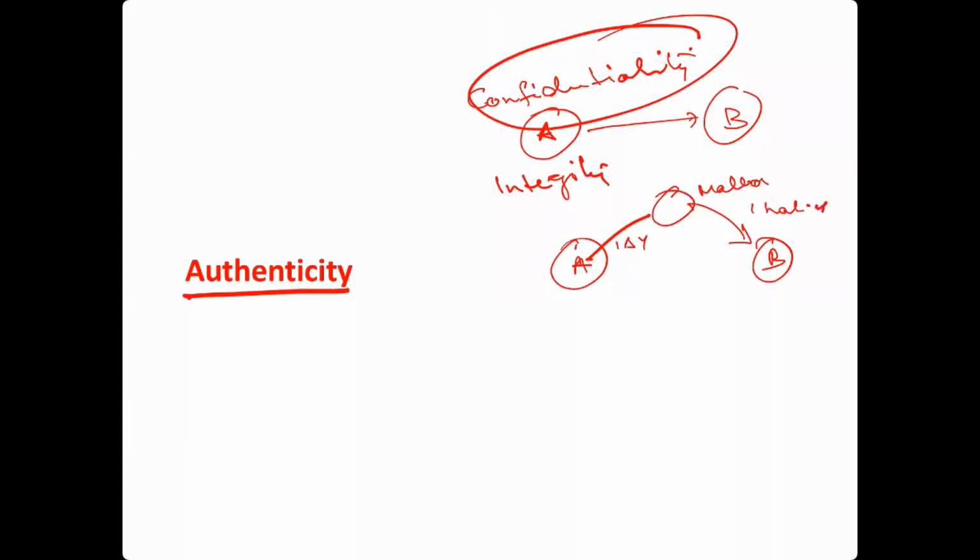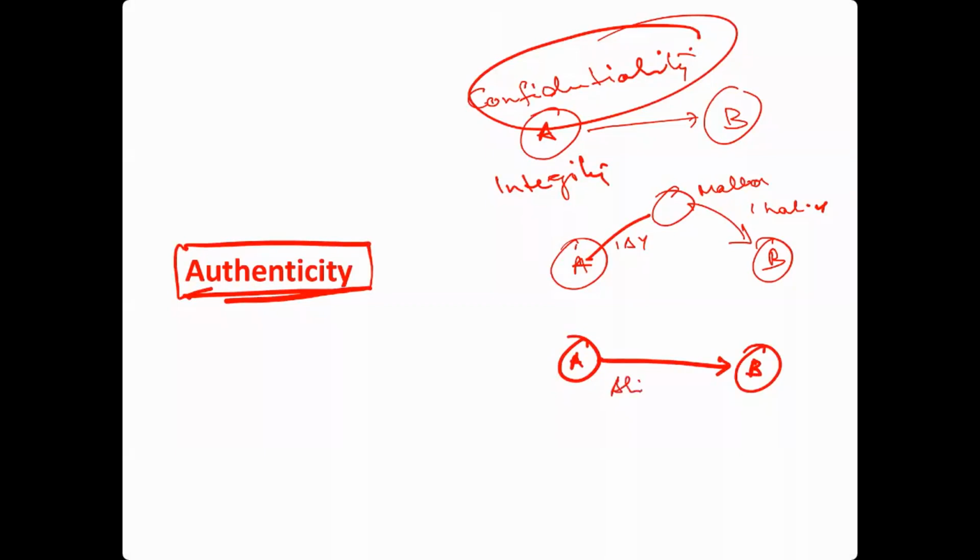Now, what is the third important characteristic? What is authenticity then? When Bob is receiving mail or communication from Alice, Bob should be 100% certain that this is authentic, that it is actually coming from Alice, not from somebody else. That's called authenticity.